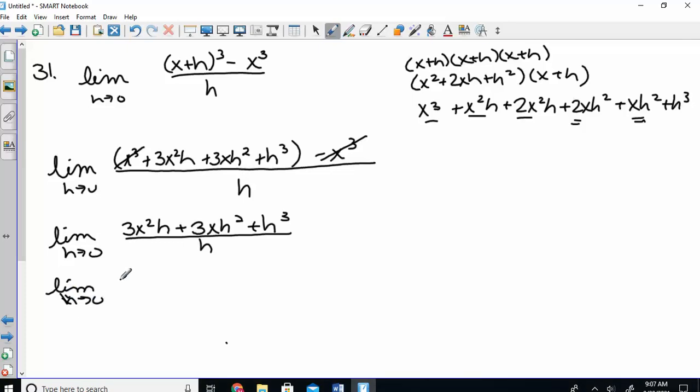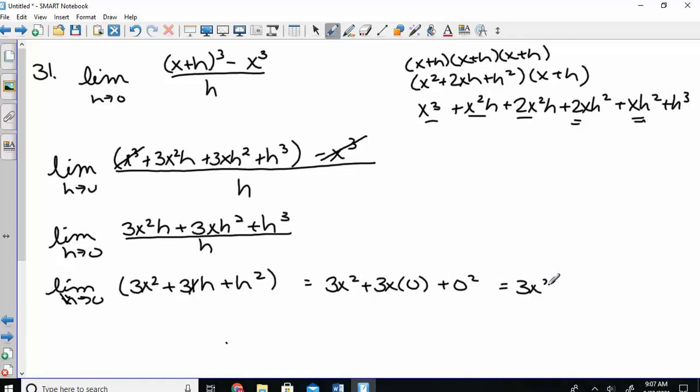So that leaves us with a 3x squared, a 3xh, and an h squared. So I canceled one h out of everything. Now I no longer have that fraction, so I don't have to worry about 0 on the bottom, so I can plug in my 0 for my h. And you just get a 3x squared.